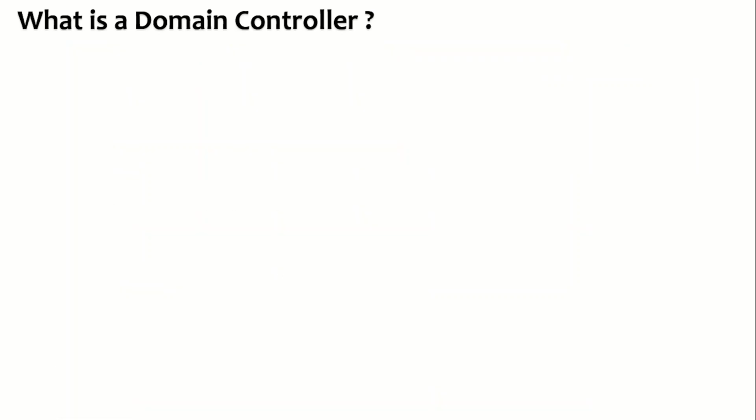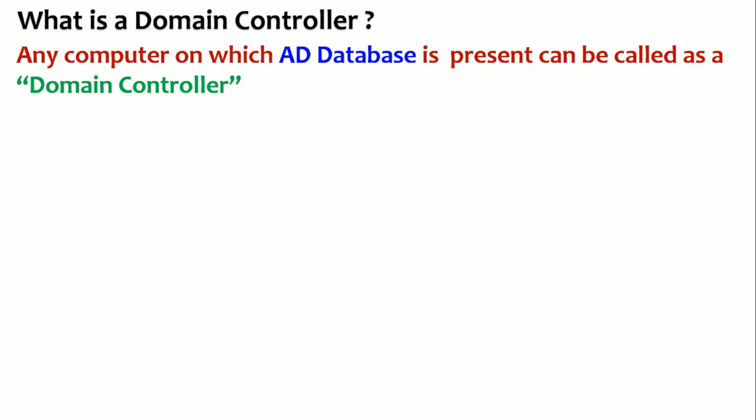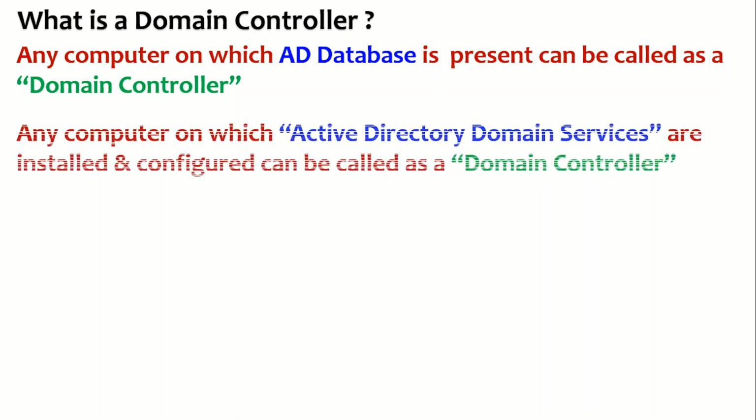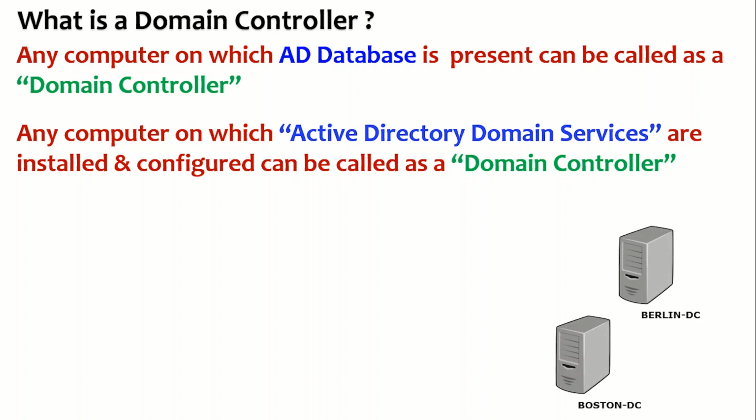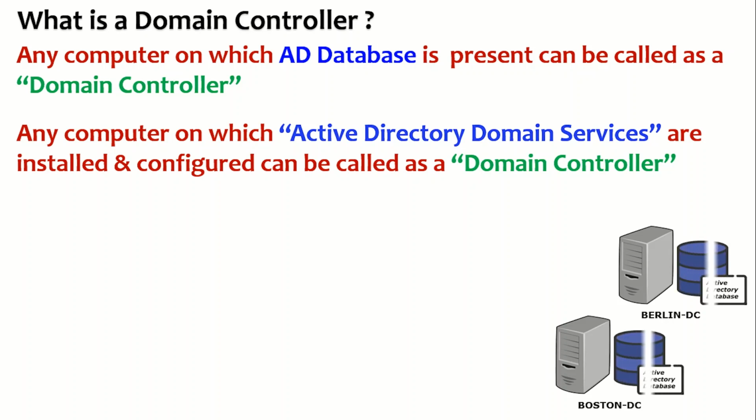Before that, let's understand what is a domain controller. Any computer on which the Active Directory database is present is called a domain controller, or any computer on which Active Directory Domain Services are installed and configured can be called a domain controller. So we have two servers, Berlin DC and Boston DC. We have installed Active Directory Domain Services and a database has been created.